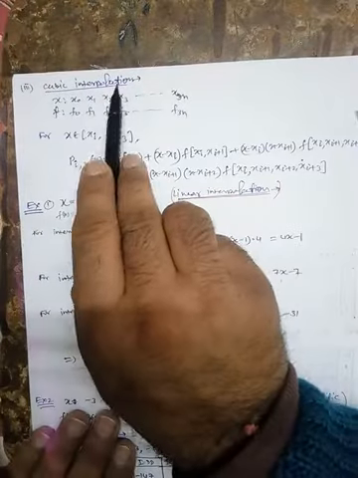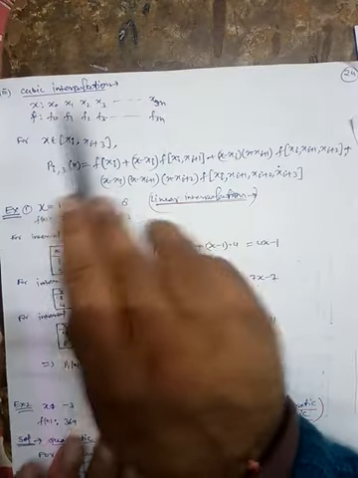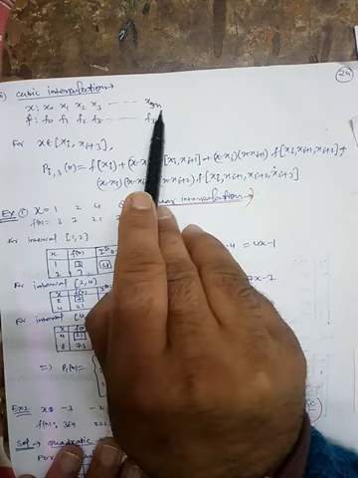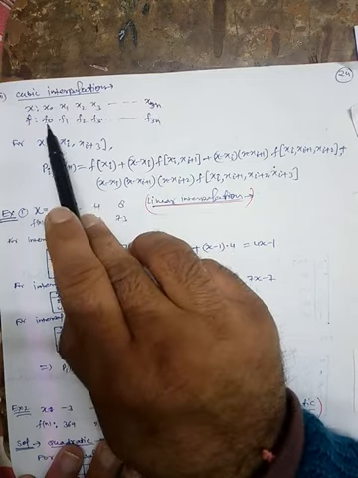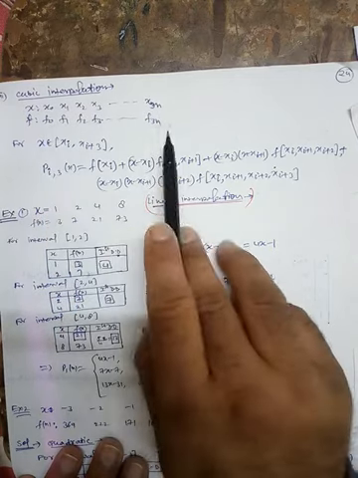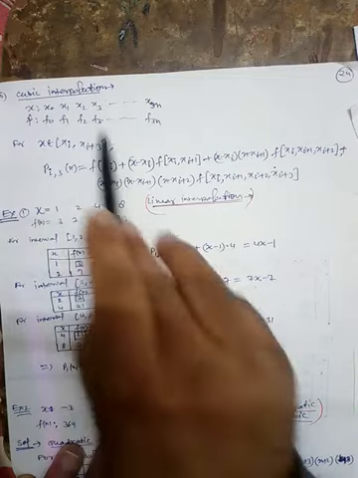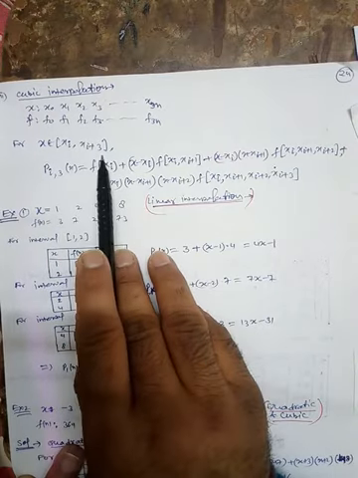Similarly, we have cubic interpolation. So we have these data points x0, x1, x2, x3, up to xn, with corresponding values f0, f1, f2, f3, up to fn. Suppose we are considering the interval xi to xi plus 3.